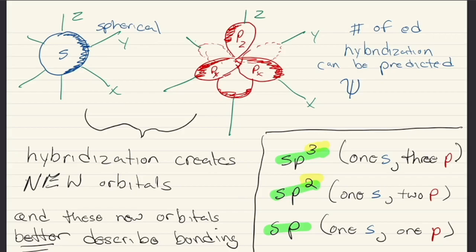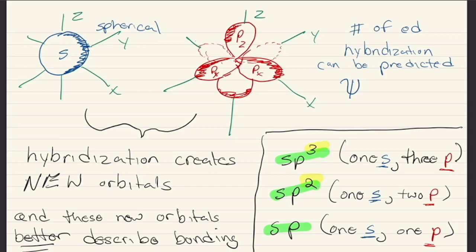So in the case of sp3, notice we have utilized one s and three p orbitals, so that is 4 total orbitals being hybridized, and that will give us 4 hybrid orbitals, as we'll see. And the same goes for each of the others, and we're going to show examples of molecules for each of these as well.